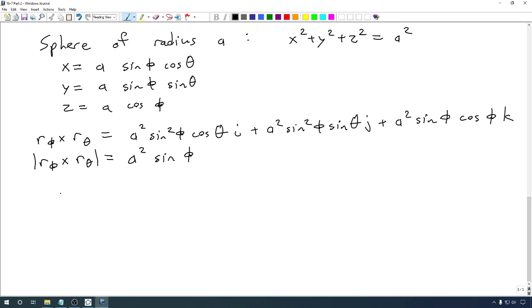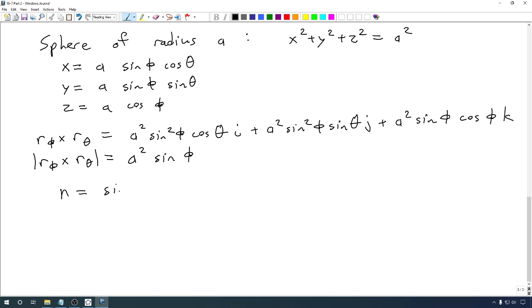Well, when we're taking the unit normal, we're going to divide all three of the terms of r phi cross r theta by a squared sine phi. But everything has an a squared in it already, that's going to cancel out. And everything has at least one sine phi that's going to cancel out. Sorry, the first two have two sine phis, so I need to leave one of them there.